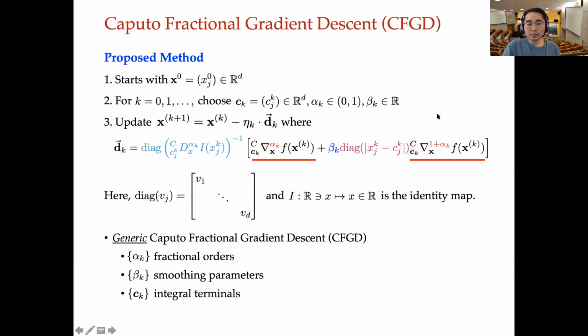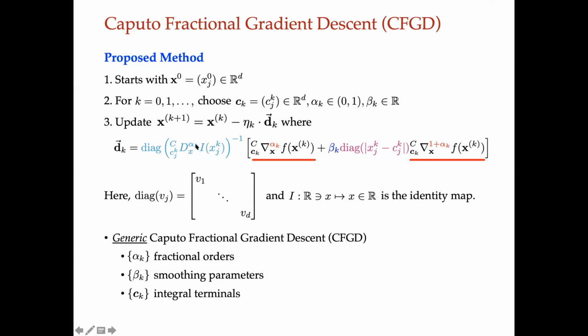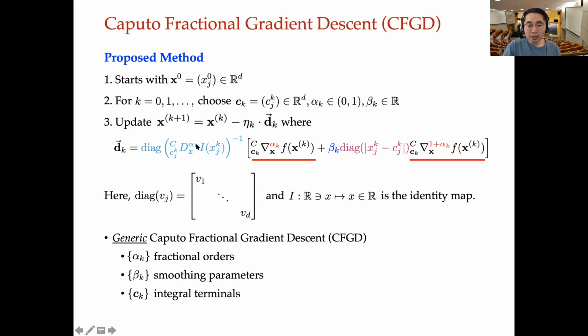Okay, so that's a good question, but that is not true in this specific case unless beta k is 0. Because if alpha k equals 1, then this becomes second order. And I think some singularity occurs because during this derivation, I assume that alpha is always between 0 and 1. If it equals 1, then some term becomes 0, so this equation does not hold anymore.